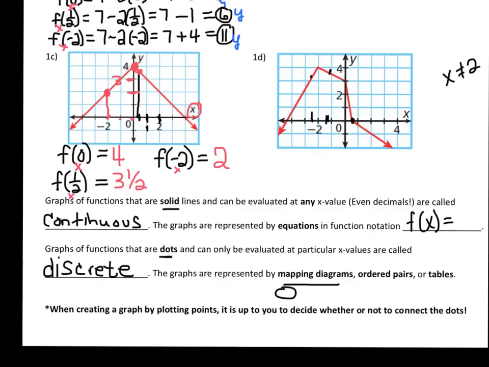Remember the thing with the two sections with the arrows? If you have a set of ordered pairs, or if you have a table of x, y values. So that's when you'll have discrete graphs with dots. Any other time, if you have an equation like that, you'll have a continuous graph with a solid line. It's up to you whether or not you need to connect the dots, so pay attention.